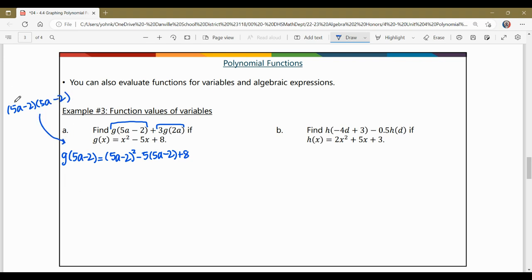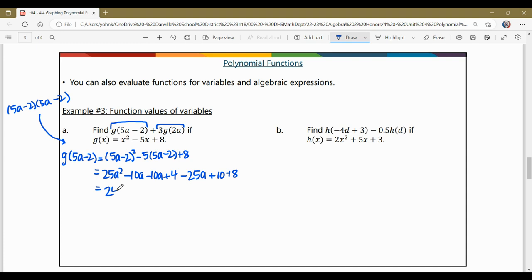So I double distribute. 5a times 5a is 25a^2. Then 5a times -2 is -10a. -2 times 5a is -10a. -2 times -2 is 4. Then I distribute. -5 times 5a is -25a. -5 times -2 is 10, plus 8.